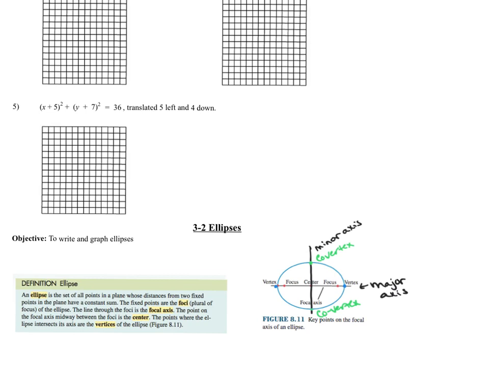There are three values that you keep track of in ellipses. C is the distance from the center to the focus. B is the distance from the center to the co-vertex.